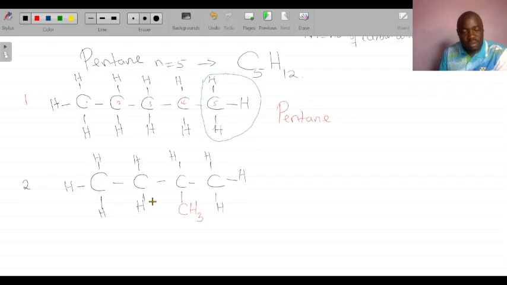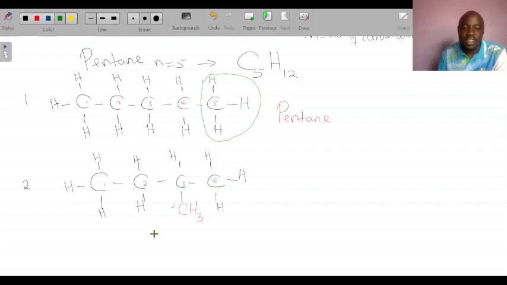So we need to establish how many carbon atoms there are in total. Again, we can count: 1, 2, 3, 4, 5. So it meets the number of carbon atoms in our formula. We can also establish how many hydrogen atoms there are, and we count 12.